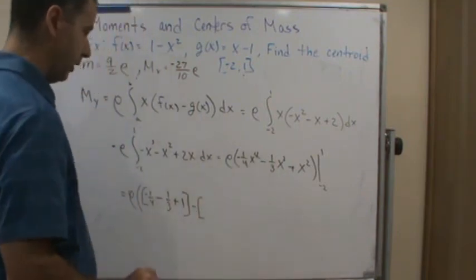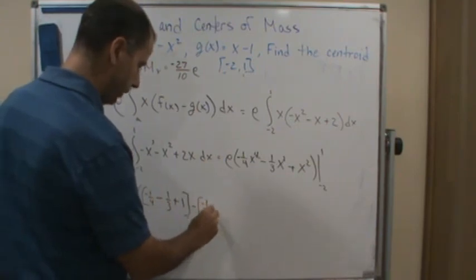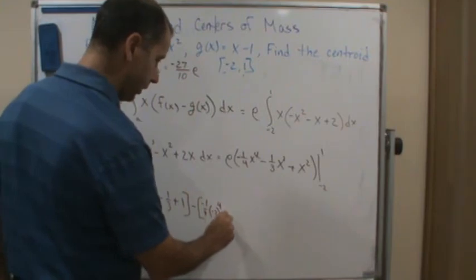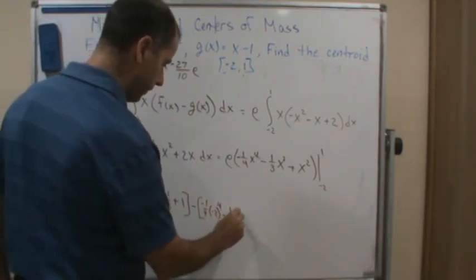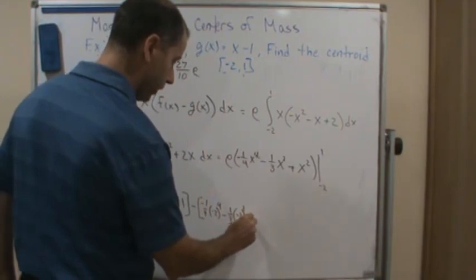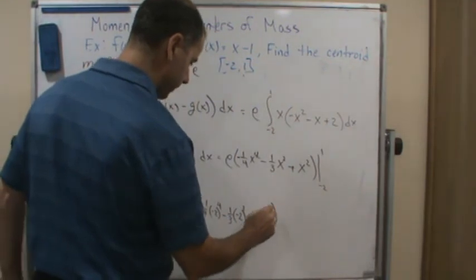Minus, now we're going to evaluate it at -2, so this is going to be -1/4 times -2 to the 4th minus 1/3 times -2 to the 3rd plus -2 squared.